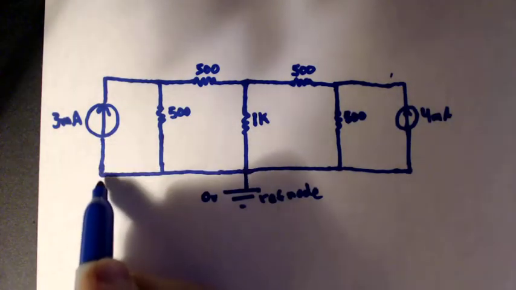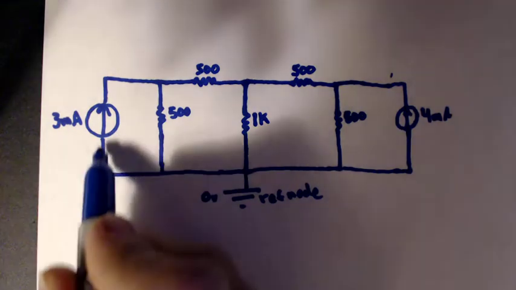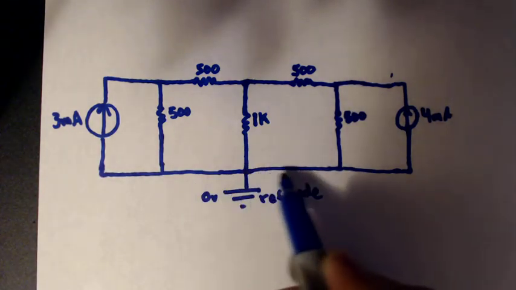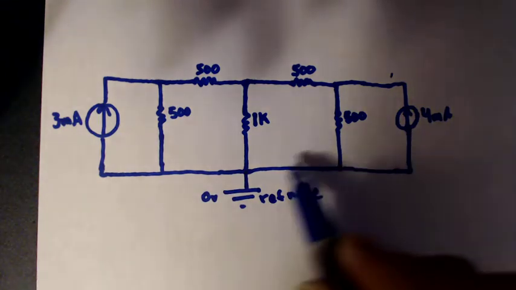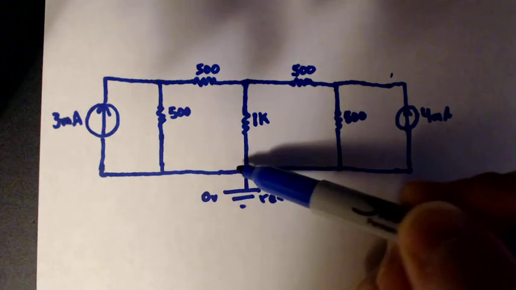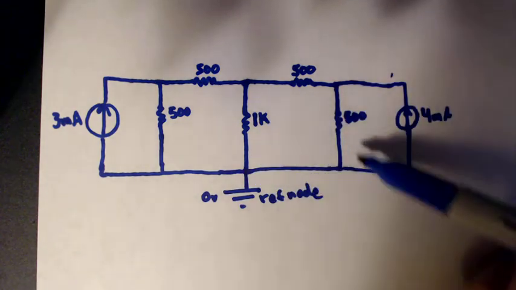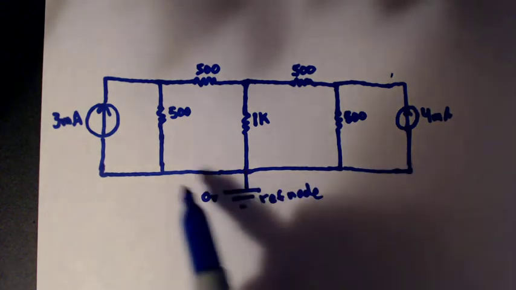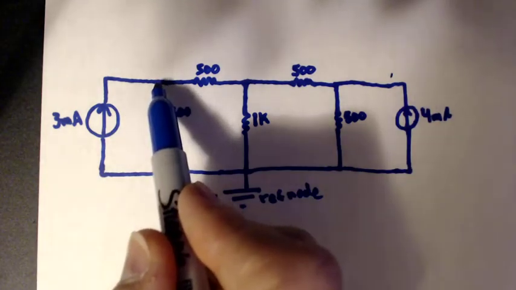Over here, notice this is all a direct wire that's connected to our reference node that we already labeled as 0 volts. Same thing over here, over here, over here. Everywhere along this wire has 0 volts. So I don't have to label anything here. However, look at this point over here.